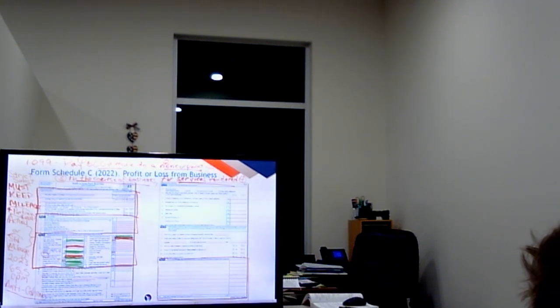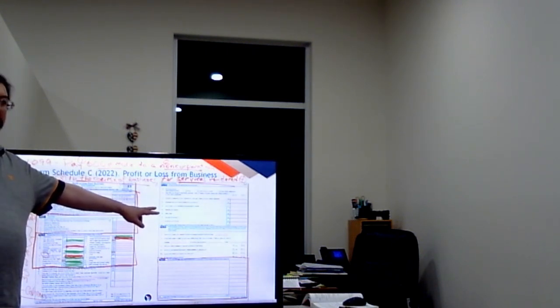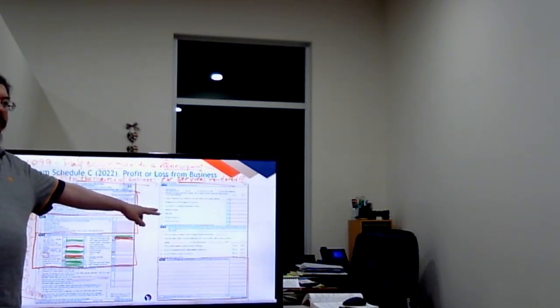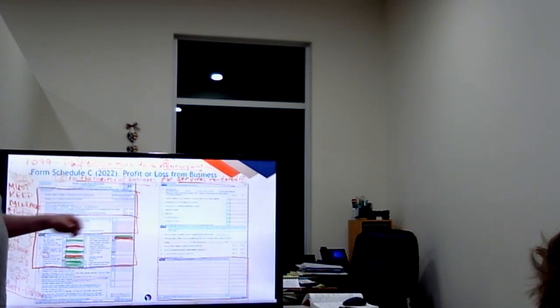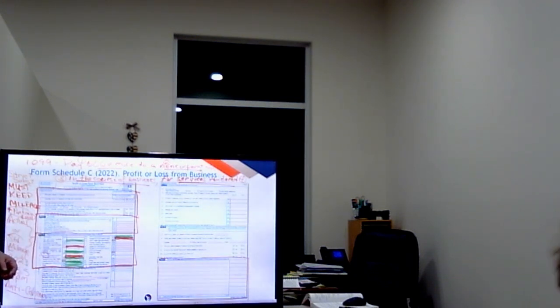So if you were selling furniture, you might have lumber and wood glue and varnish or epoxy and nails. That's part of your cost of goods sold. But then you would have other supplies like cleaning supplies for your shop.